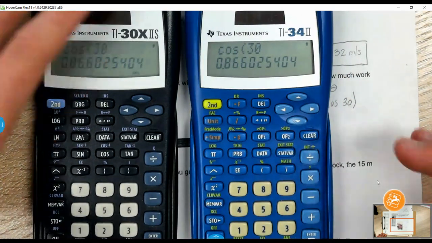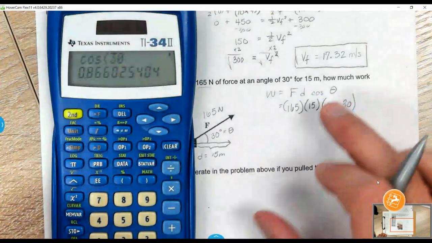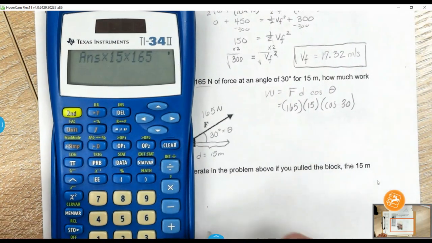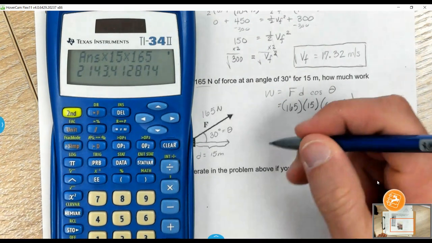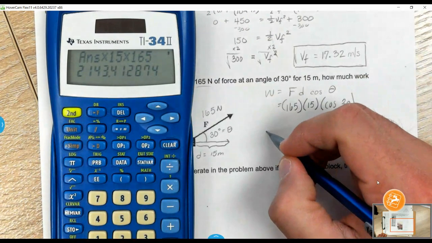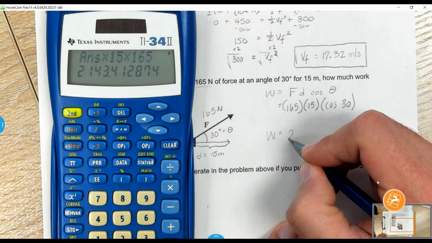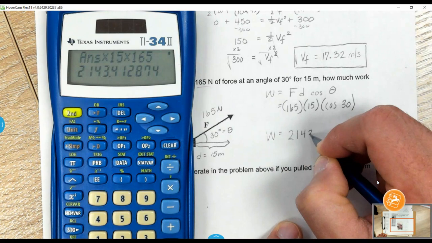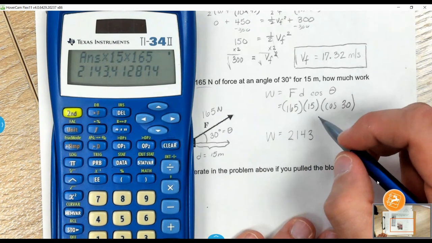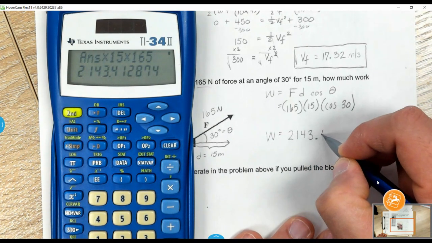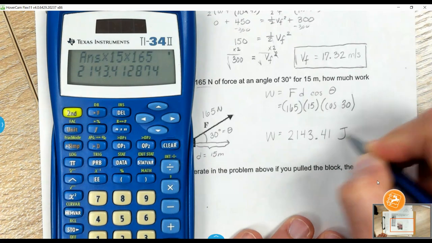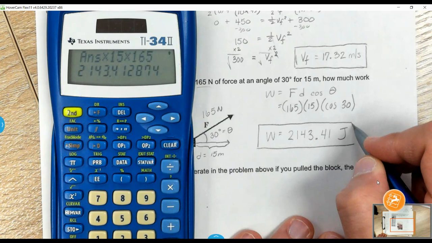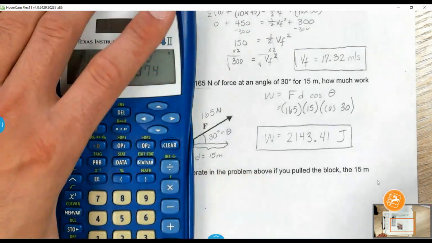Same number. Beautiful. Now take it and multiply it by 15 and by 165. And so we get a value here of 2,143.41 joules, because joules is the unit for work.